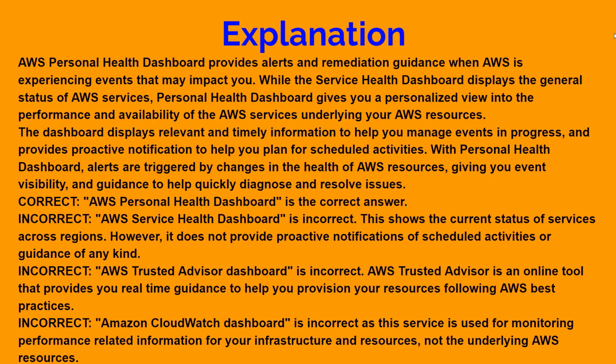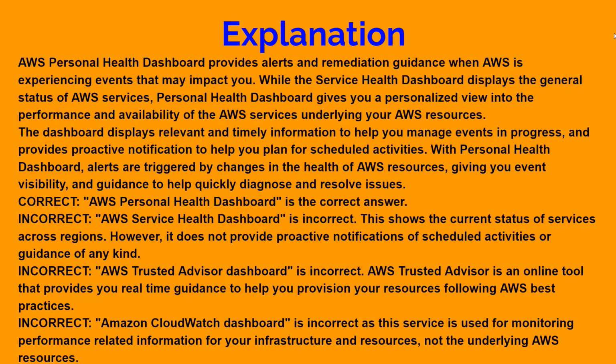The dashboard displays relevant and timely information to help you manage events in progress, and provides proactive notification to help you plan for scheduled activities. With Personal Health Dashboard, alerts are triggered by changes in the health of AWS resources, giving you event visibility and guidance to help quickly diagnose and resolve issues. Correct. AWS Personal Health Dashboard is the correct answer.